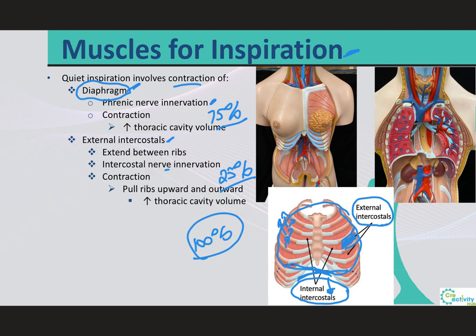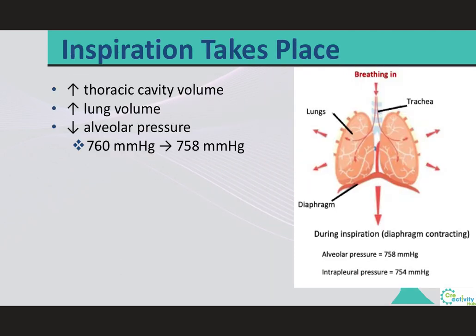And as the volume of the thoracic cavity increases with the contraction of the diaphragm and the external intercostals, the volume of the lung increases as well, and the alveolar pressure drops from 760 to 758 millimeters of mercury.